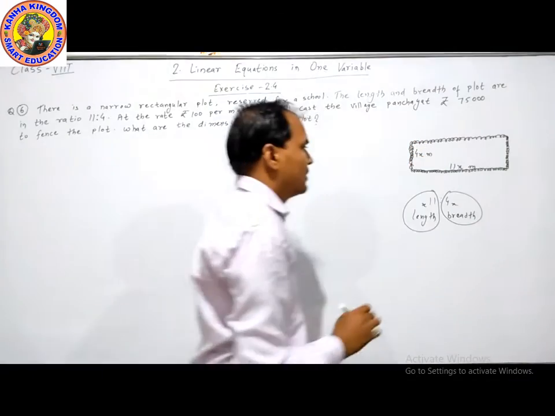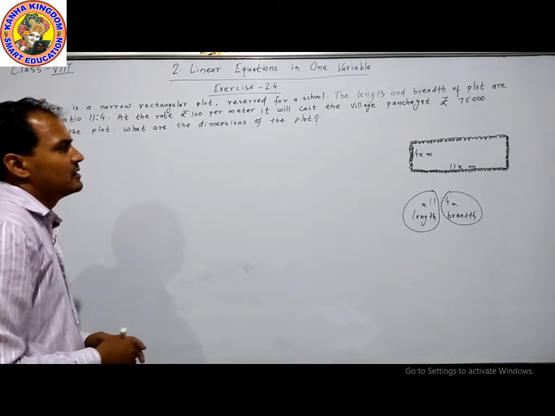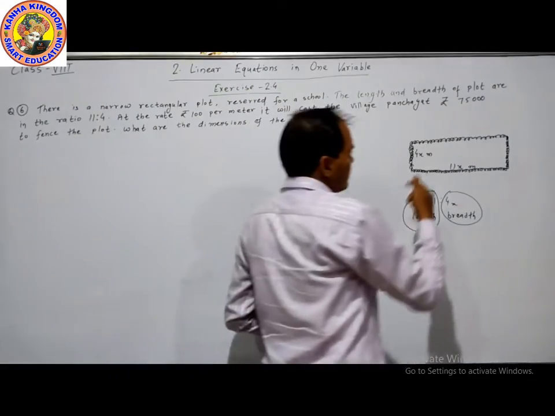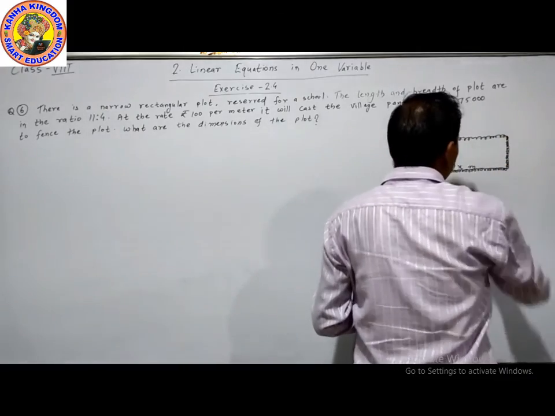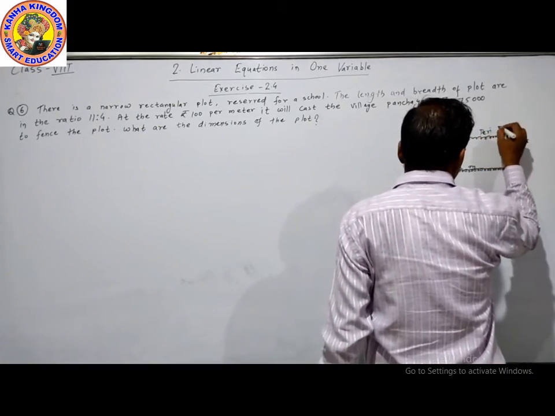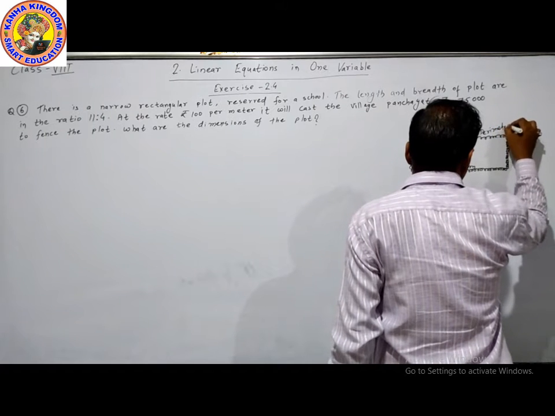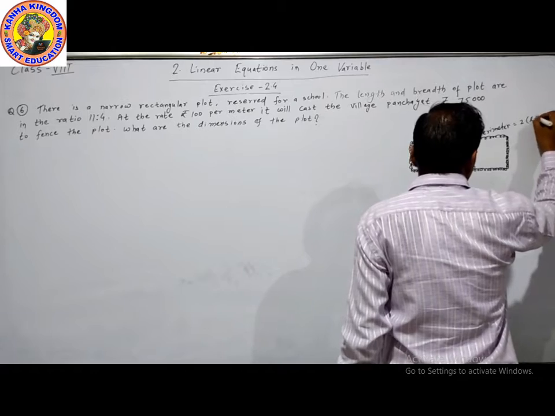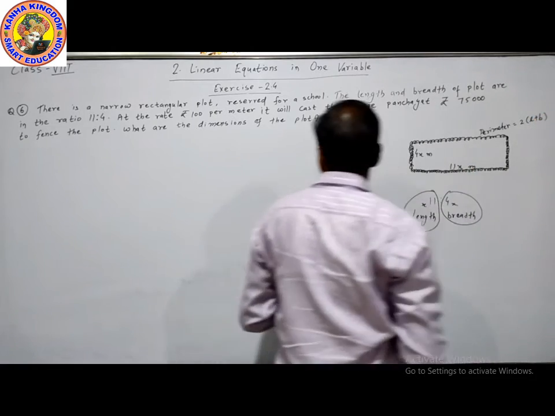This is our fencing. Fencing on the boundary line will be seen as fencing on our rectangular plot's perimeter. This is our perimeter. The formula of perimeter is 2 into length plus width.